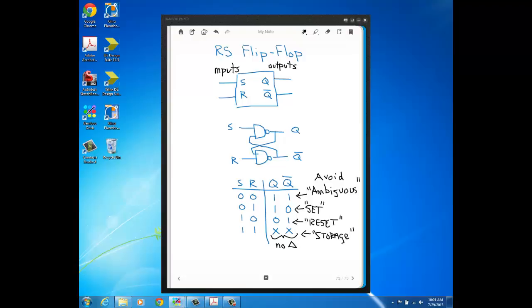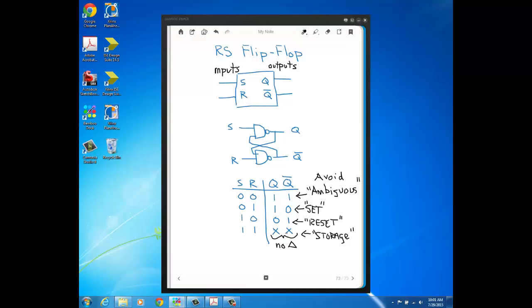Because if I have some change in input and yet the output remains the same, that indicates that the data, the zeros and ones at the output, represent past values. By the very nature of an input changing, time must have passed.